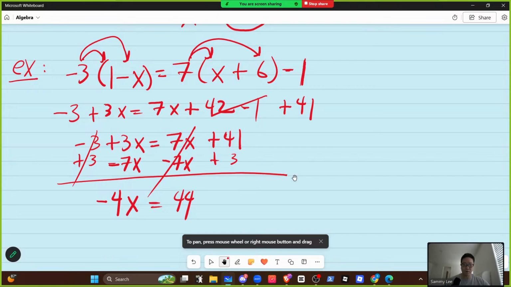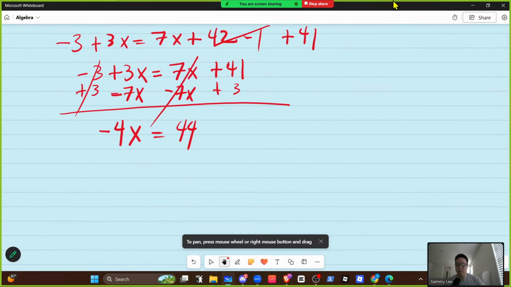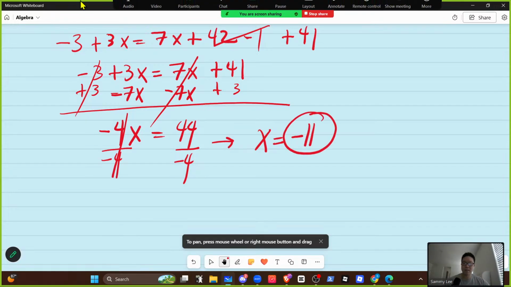And now to do the inverse operation, we're going to divide both sides by negative 4. That's going to leave us with x equals 44 divided by negative 4, which is negative 11. Good job. X equals negative 11.